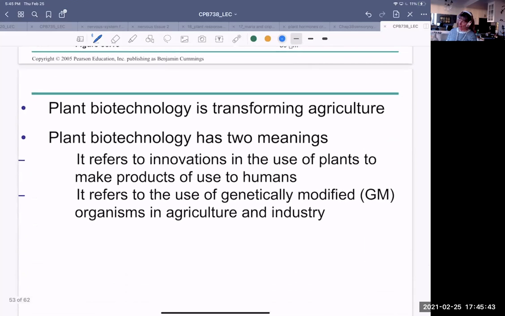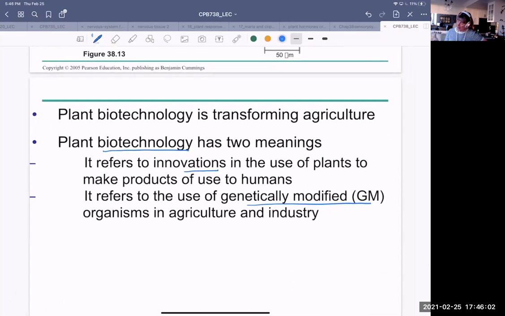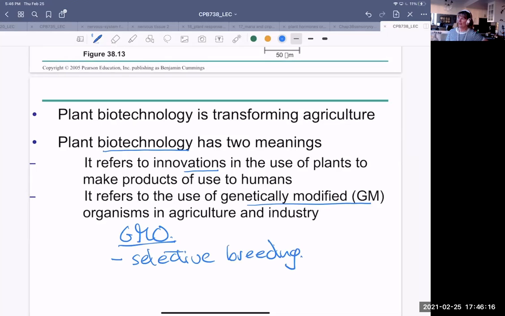So plant biotechnology transforms agriculture. As you know, we've talked about this before, biotechnology and genetic engineering. It refers to innovations in the use of plants to make products for humans, and it also refers to genetically modified organisms in agriculture and industry. Genetic modification can occur with selective breeding, and we've been doing that for 30, 40,000 years.